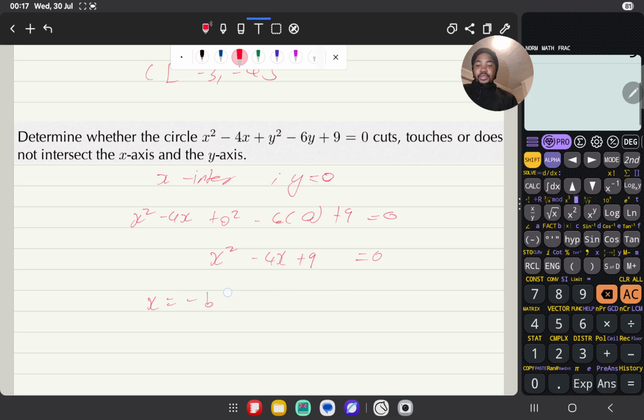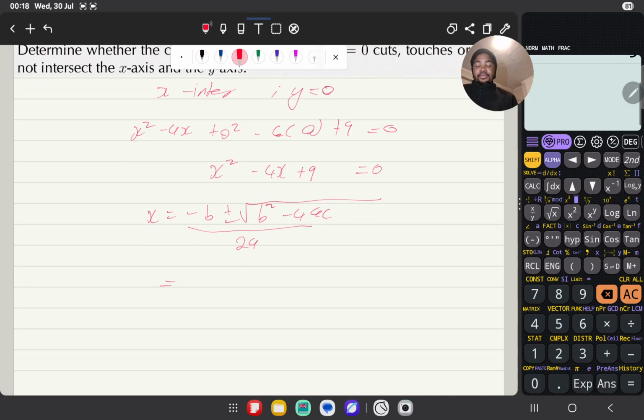So I have minus b plus or minus square root of b squared minus 4ac, all over 2a. And here I substitute. I'm going to have a positive 4 plus or minus square root of 16 minus 4 into 1 into 9, right?